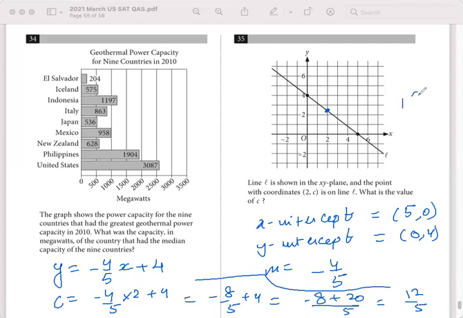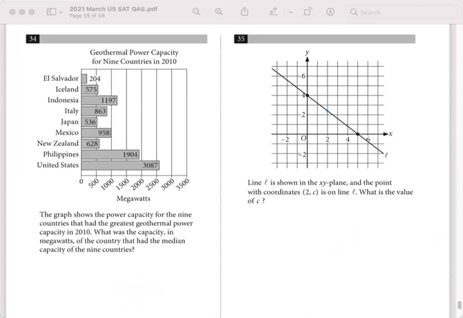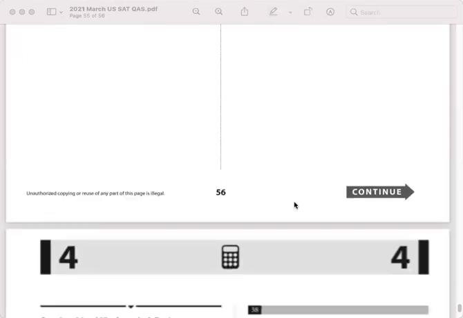So the value of C is 12 by 5 or 2.4. Okay, that was 35, 3 more to go.